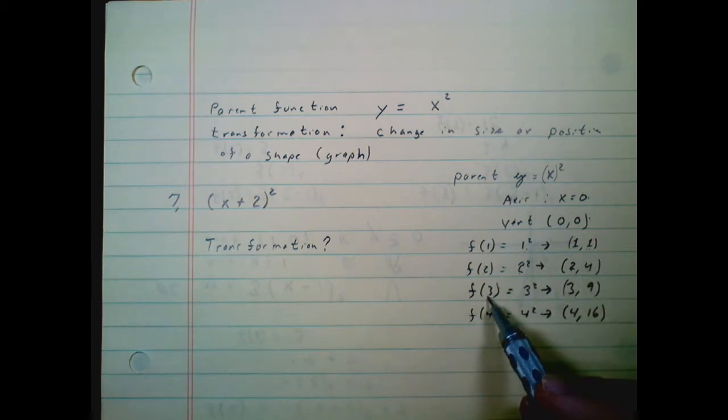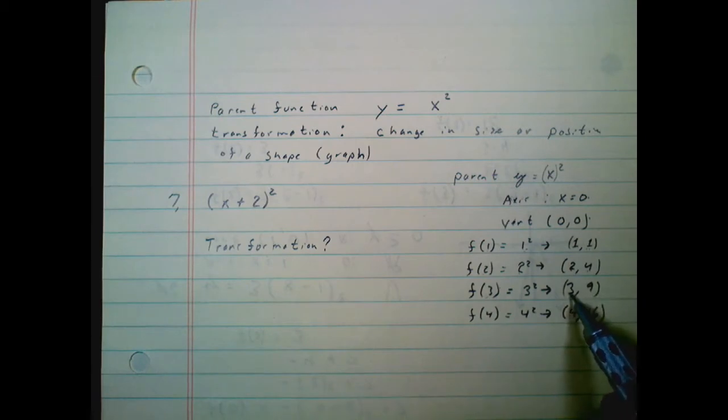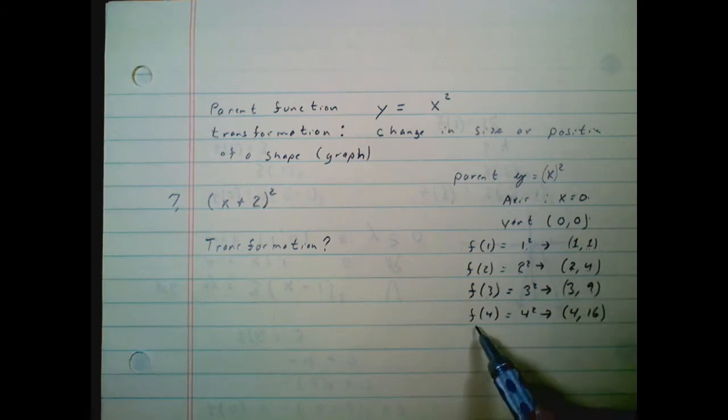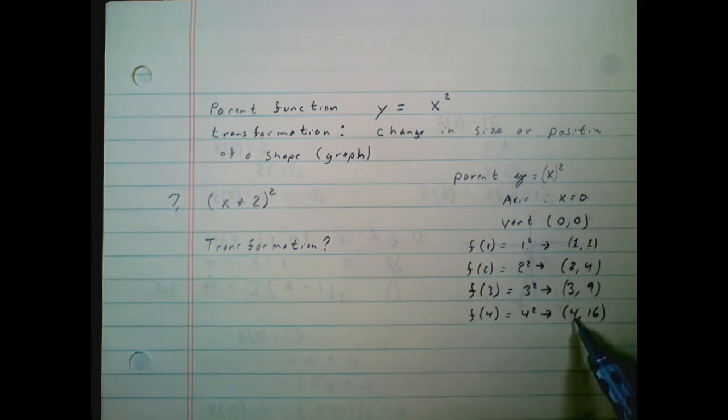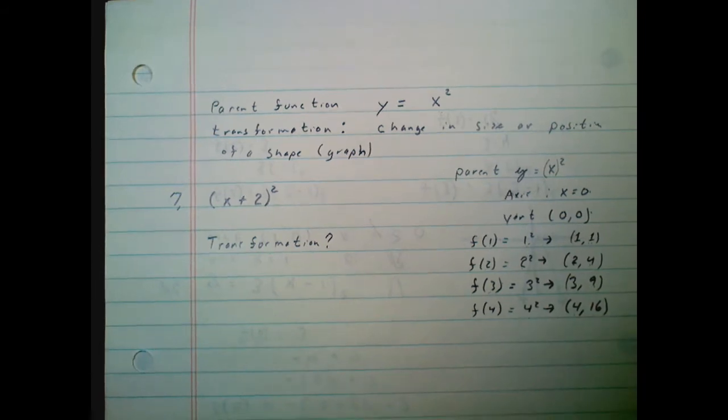I plugged in 3 for the next one. So when x is 3, what do I get back? 3 times 3 is 9. Then I figured I'd do f of 4. So when I plug in x is 4, I get back 4 times 4 is 16. And I figured that would be enough for us to graph our parent function.